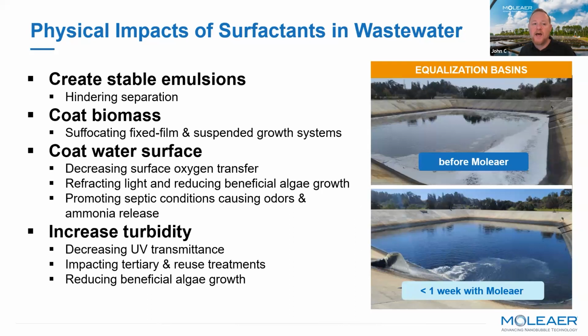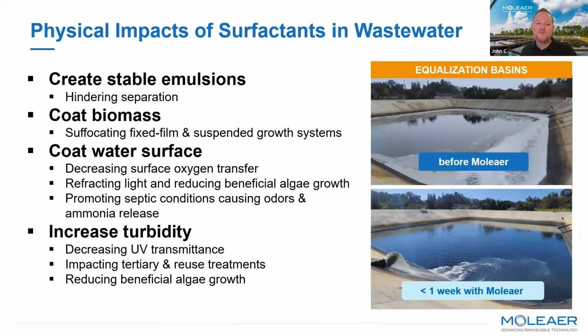They coat the biomass on both fixed film and suspended growth systems, ultimately suffocating the biology that's doing the work for us. They coat the water surface. They decrease surface oxygen transfer. They refract light that reduces beneficial algae growth. They promote the septic conditions that cause odors and the release of ammonia within the wastewater treatment.